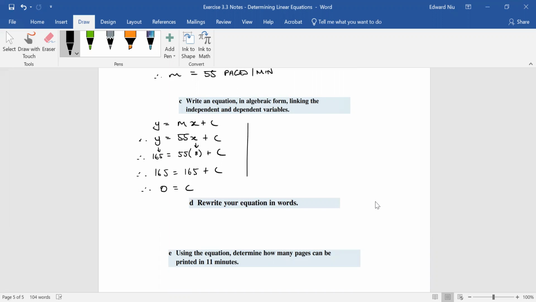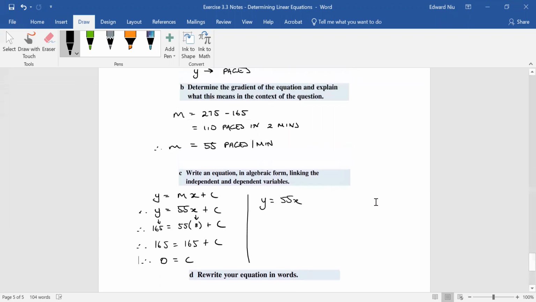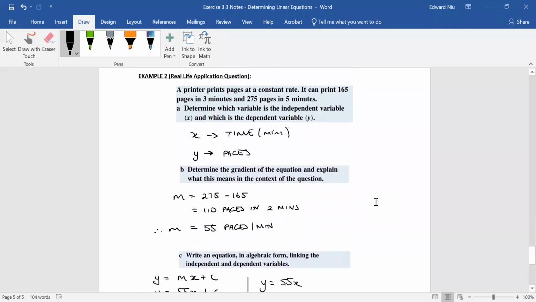So our equation is y equals 55x. Which makes sense in this context.